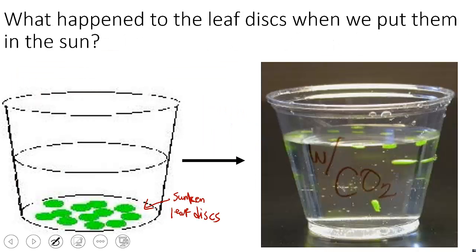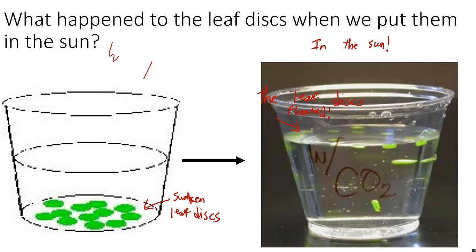And then we put them in the sun. And the leaf discs floated. Ta-da! They all started to float, and they worked their little way up to the very top of the water when we put them in the sun.